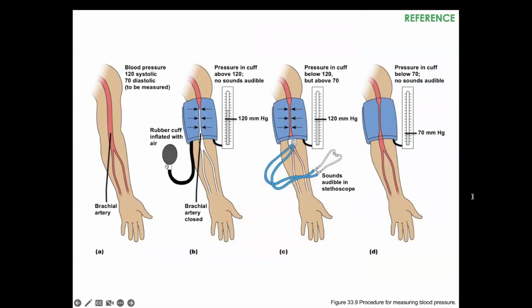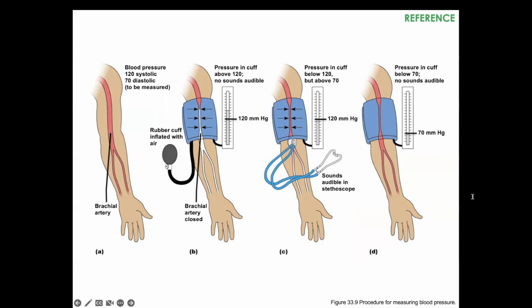So lastly, we will talk about how to measure blood pressure with the blood pressure cuff. So typically, normal blood pressure is going to be around 120/70, ideally a little lower. So when we use a blood pressure cuff, we will inflate the cuff above 120 to disrupt the flow of blood down the brachial artery.